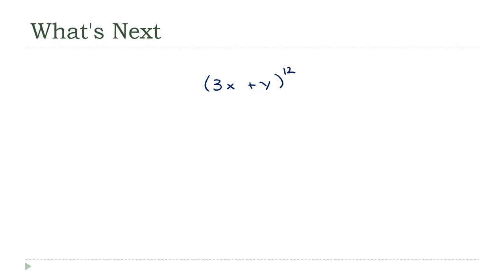If you wanted to multiply this out by hand, that would be a fairly long and tedious process. But we're going to look at the binomial theorem, and it's going to give us a really quick way to expand this using the combinations that we talked about in this chapter.